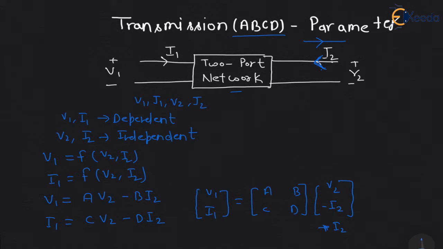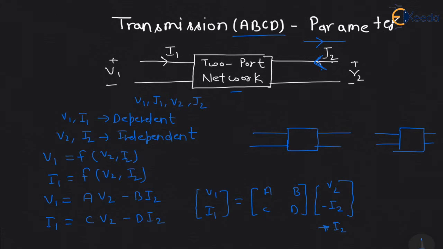But now when we consider the transmission line or transmission parameter, then generally we take current as outward because we need to cascade the two networks. If we need to cascade the two networks, it means this is one two-port network and this is another two-port network.